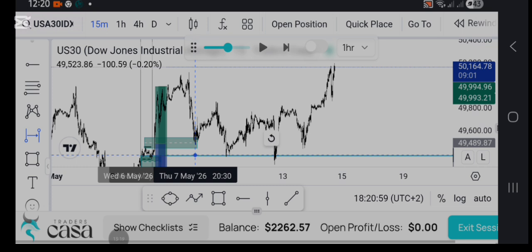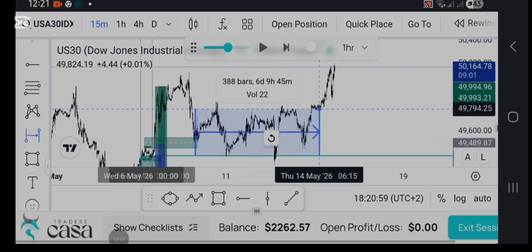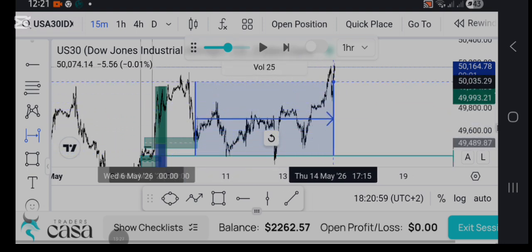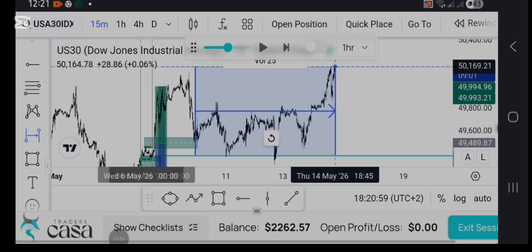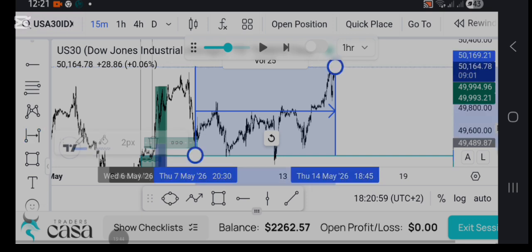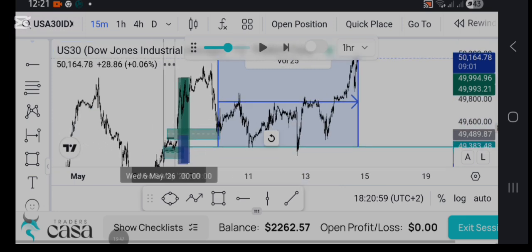So Thursday we got tagged in. We've been holding this position for the whole Thursday, a whole day, but we made bank, which is literally the best.